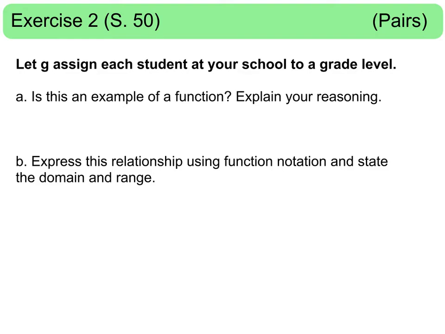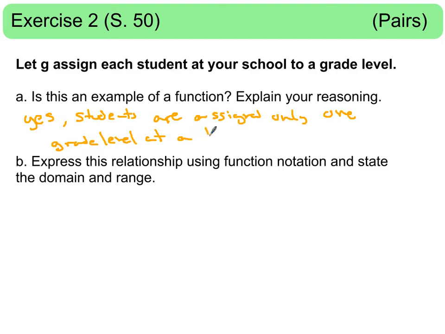In exercise number 2, it says, let G assign each student at your school to a grade level. Is this an example of a function? Explain your reasoning. So again, this would be yes. And the reason why is students are assigned only one grade level at a time.